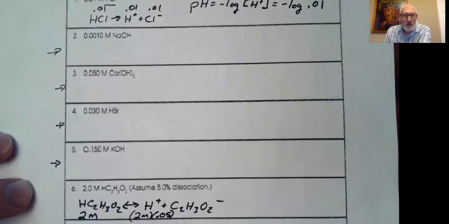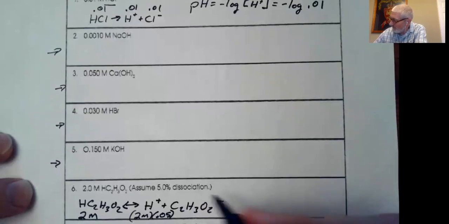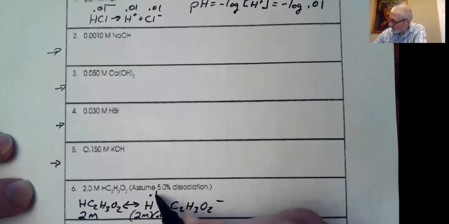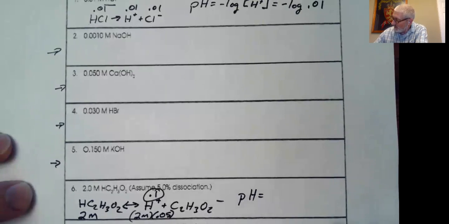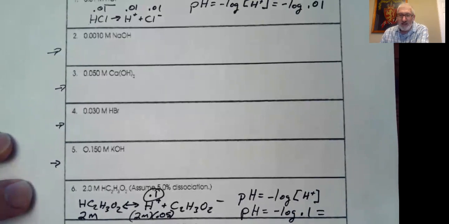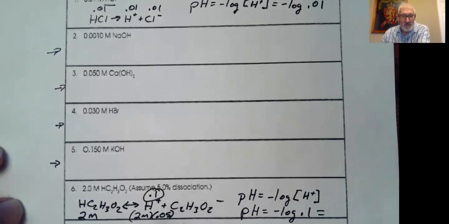And 2 times 0.05, last time I checked, is 0.1. So if I wanted to know the pH here, that's the negative log of the concentration of H plus. So pH is equal to the negative log of 0.1. And I just put that in my calculator. So anytime you see a percent dissociation, you just have to do a little percentage calculation there.